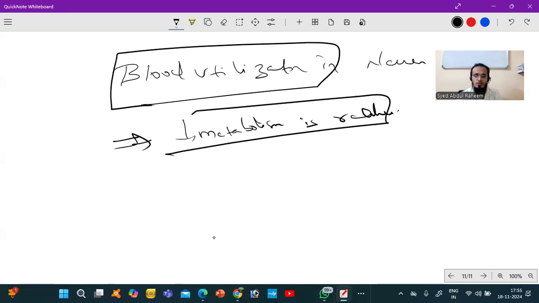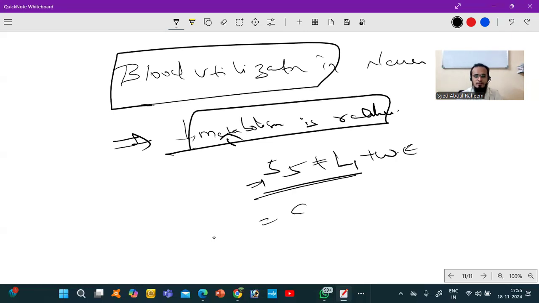So we have to improve the metabolism. We have the remedy S5. Metabolism is nothing but the lymphatic drainage, the lymphatic system. So again, you have to balance it. We are adding W, and along with S5, alternately C5.